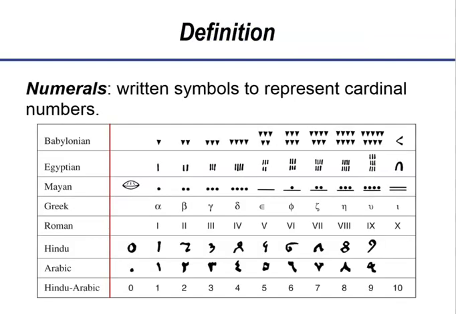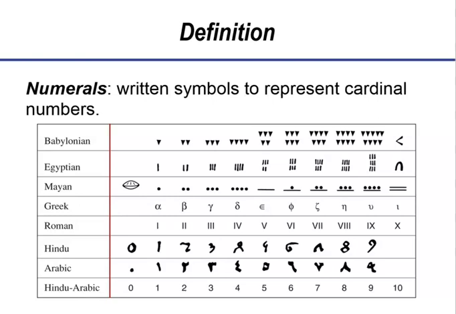Now, I've got a definition for you, that of numerals. There really is a difference between numerals and numbers. Number is actually the idea. So when we say 5, it's the idea of 5 items.